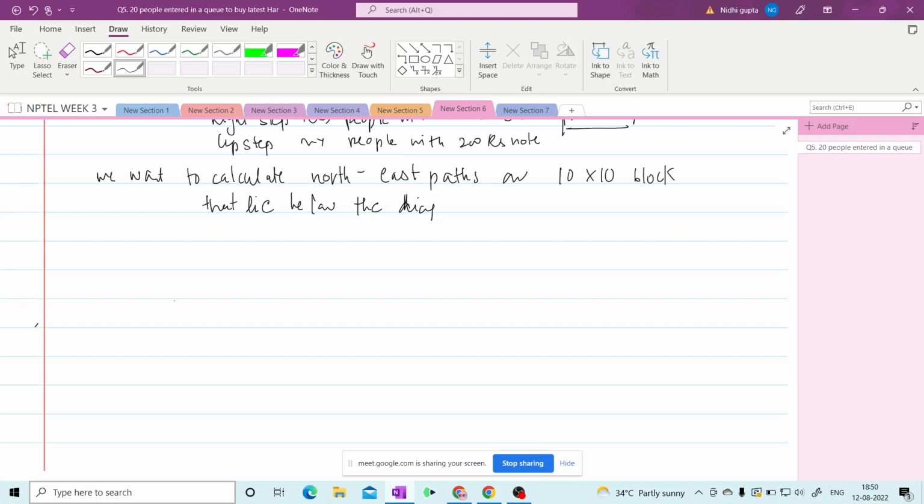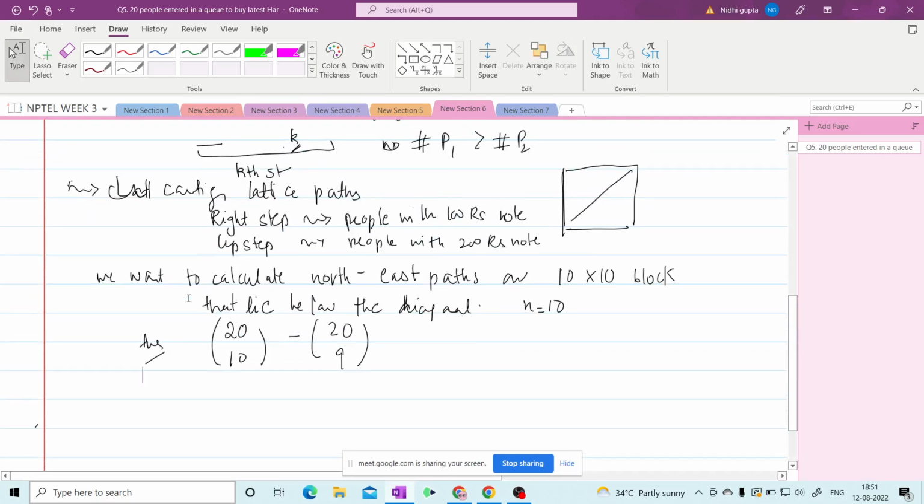And this you have already calculated in class. Here n is equal to 10. This was coming out to be 2n choose n minus 2n choose n minus 1, that is 20 choose 10 minus 20 choose 9. So this is the number of paths, the number of positions.